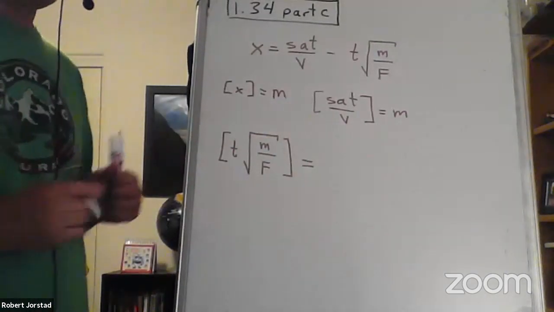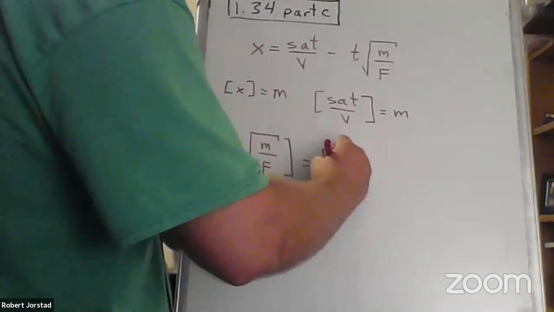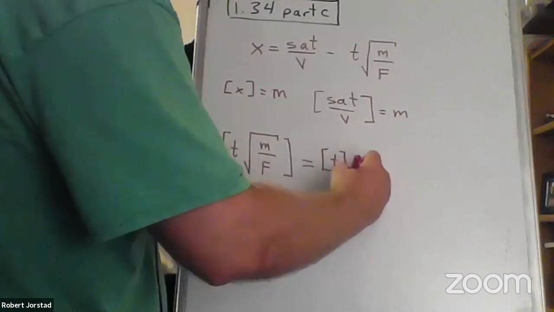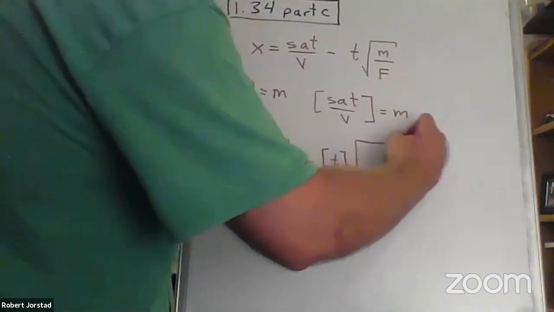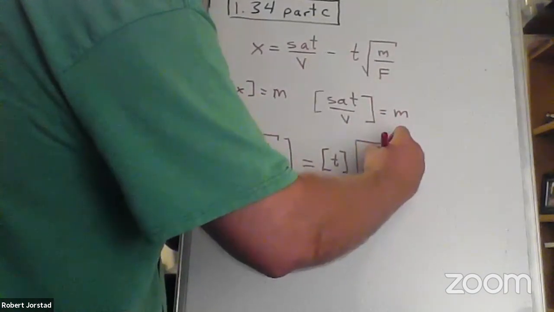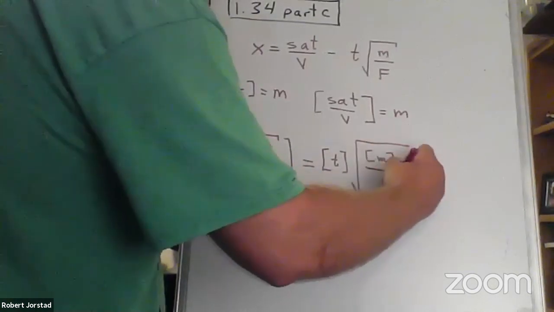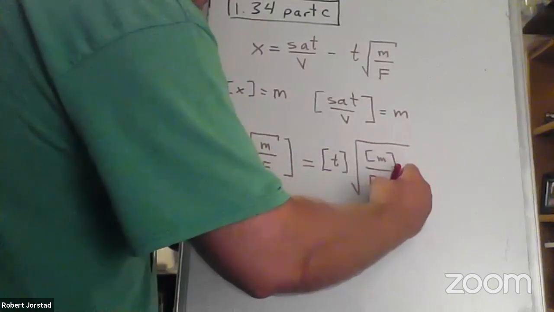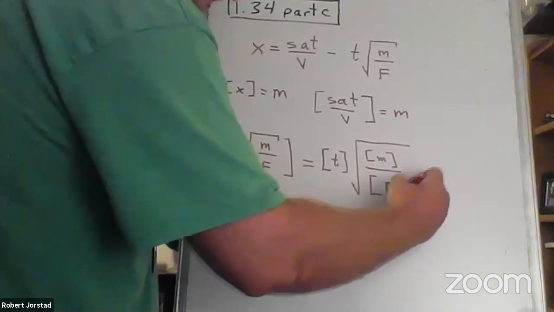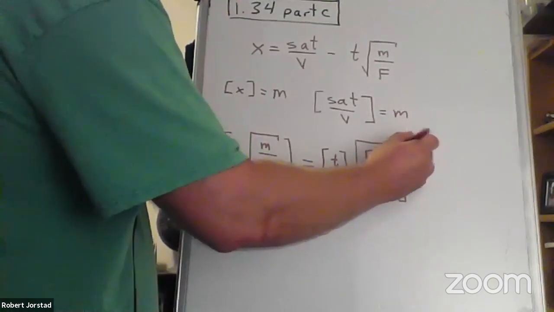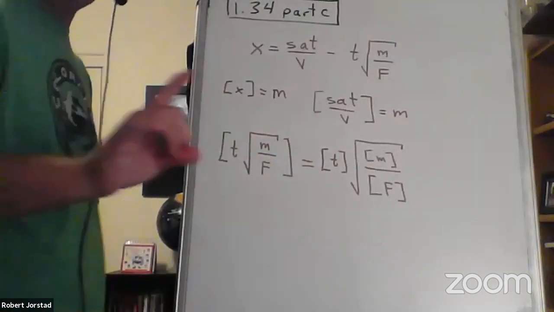Okay, that's going to be the units of t times the square root of the units of m divided by the units of force. And I know we're skipping ahead here. We're just learning the units. Sometime you might notice this.